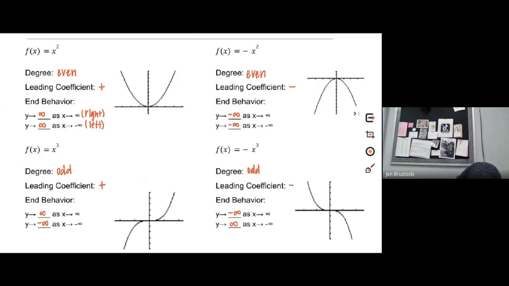Okay, so what we're going to do is we're not going to use graphs. We can use our graphs to check our answers after we're finished. But we're going to take just a function, and we're going to determine what the end behavior looks like when we're finished.